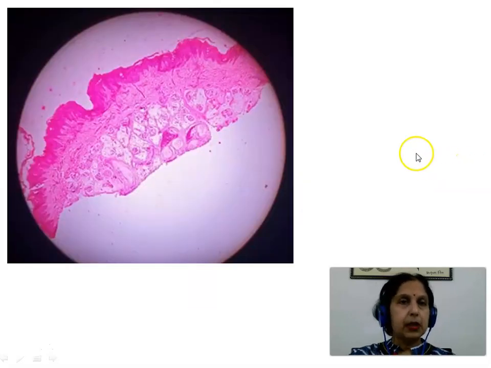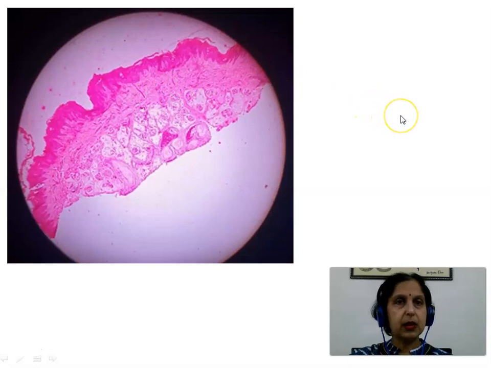Now we see a slide of thick skin, a low power view where we appreciate the epidermis, the thick stratum corneum, and also the presence of dermal papillae and epidermal ridges. Also see the reticular part of the dermis.